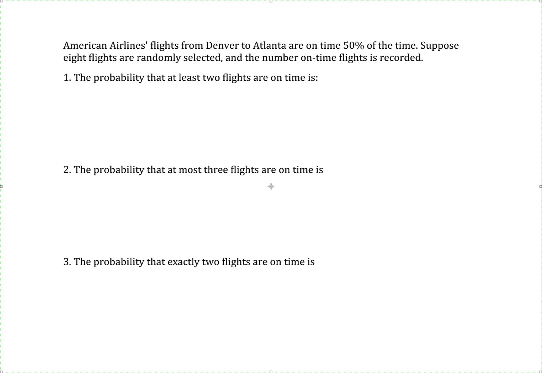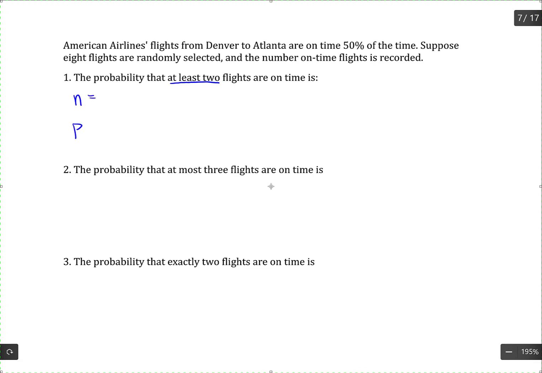Now, using binomial distributions. First off, we want the probability that at least 2 flights out of the 8 are on time. The most important aspects are n and p.